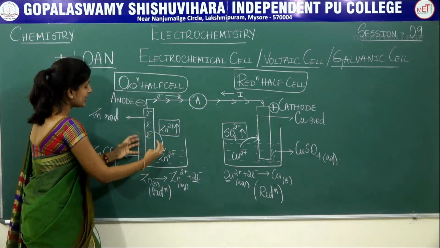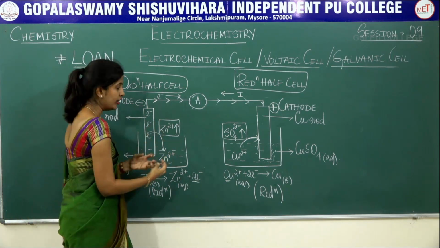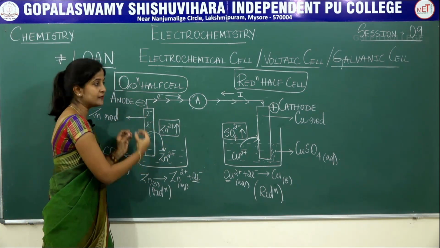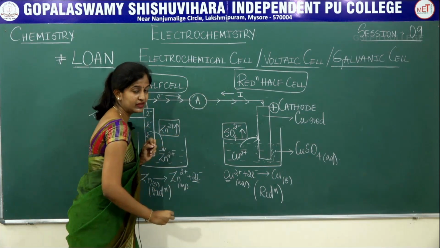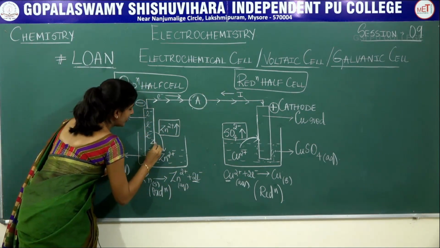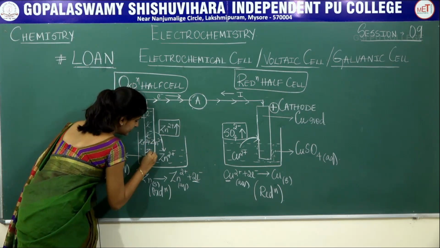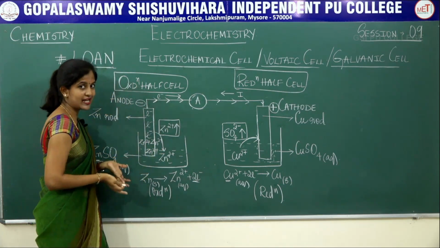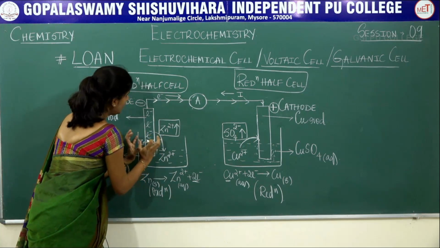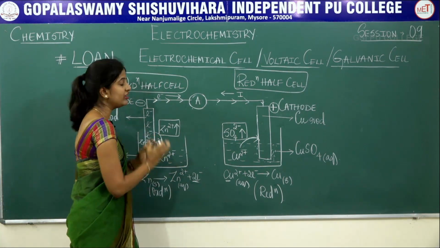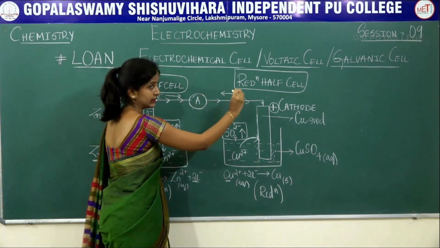The zinc ions that are produced more and more will deprive the electrons from moving to the outer circuit. That is, these zinc ions crowd up here like this. Their concentration has increased. As a result, they crowd up so that they will not let the electrons move to the outer circuit.